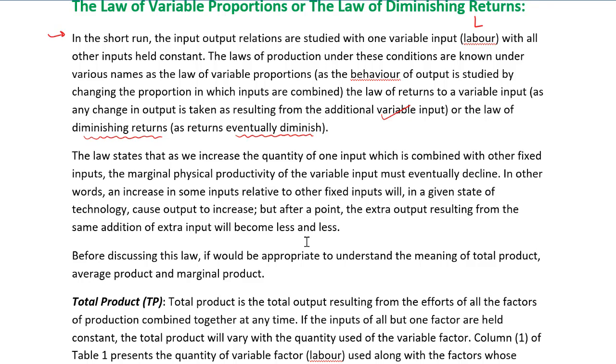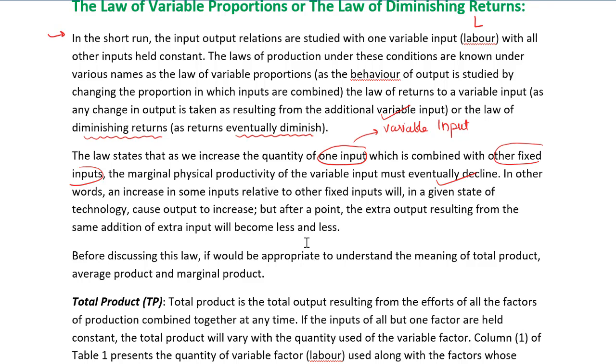The law states that as we increase the quantity of one input, say for example a variable input, which is combined with other fixed inputs, the marginal physical productivity of the variable input must eventually decline.